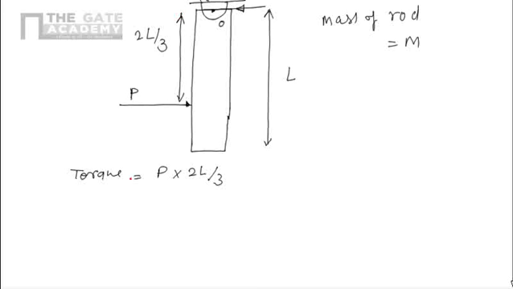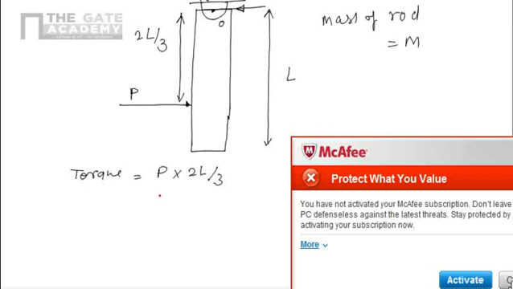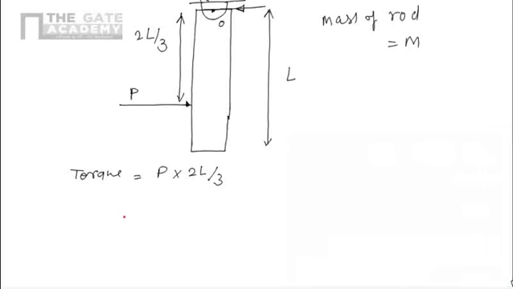According to the D'Alembert principle, if we apply this torque along with the inertia torque, then the body will be in dynamic equilibrium. Suppose this torque is T. So T minus I alpha, the inertia torque, equals 0.